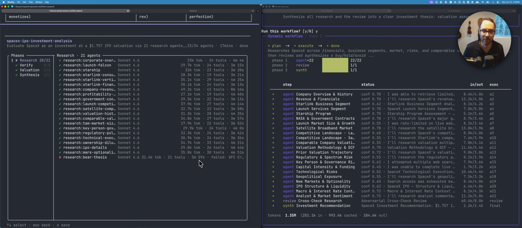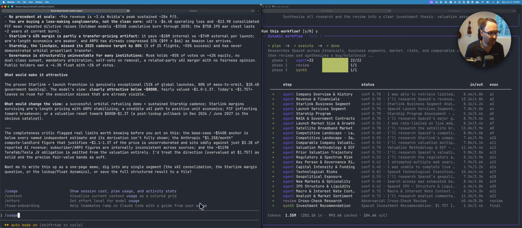All right, and the last thing I wanted to look at before we get to the results is the usage. You can see here, Temporal Cloud is very targeted. It had 251,000 in and 104 out tokens, so that is maybe, I don't know, $4 or $5. And on Claude side here, Claude Code that is, we have /usage.